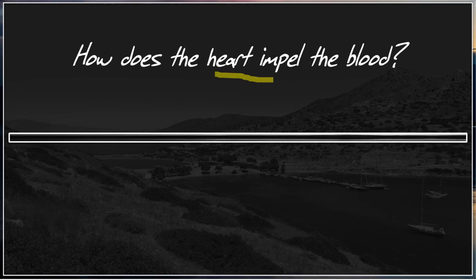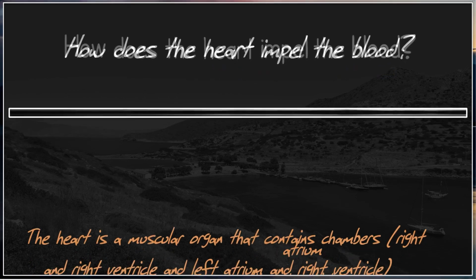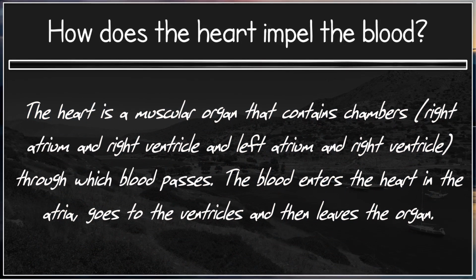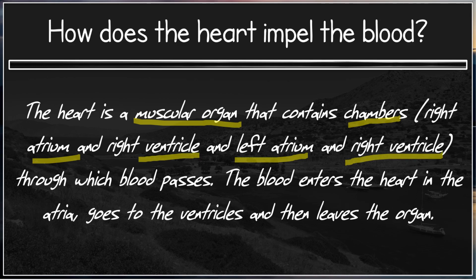How does the heart impel blood? The heart is a muscular organ that contains chambers, the right atrium and the left ventricle, left atrium and the right ventricle, through which blood passes.